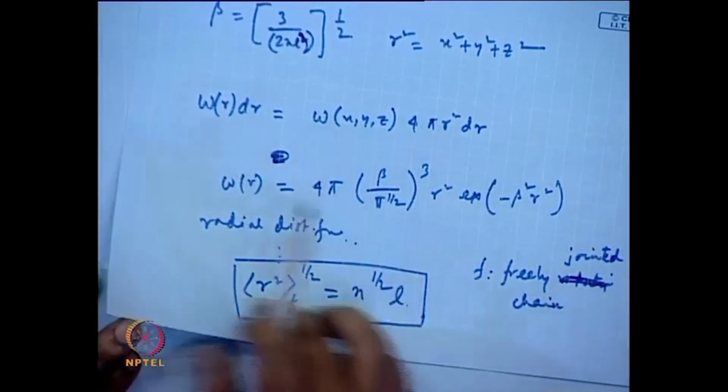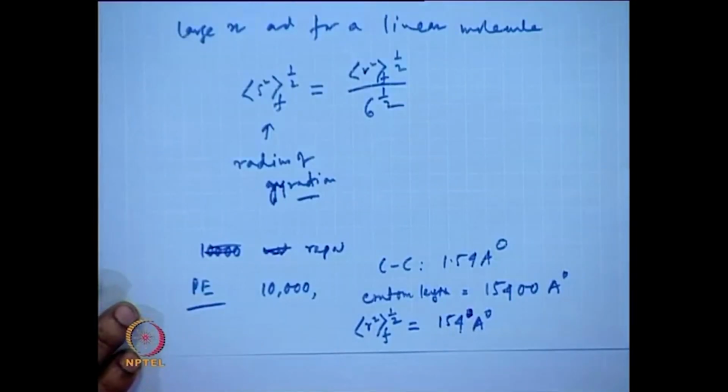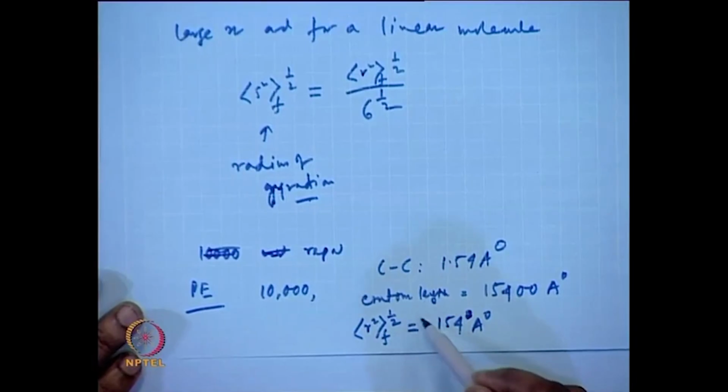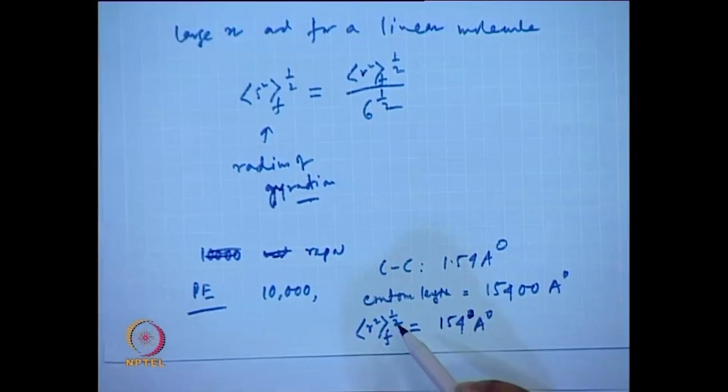Because there are 10,000 units, n is 10,000, you are getting 100 times lower value of the RMS end to end distance.